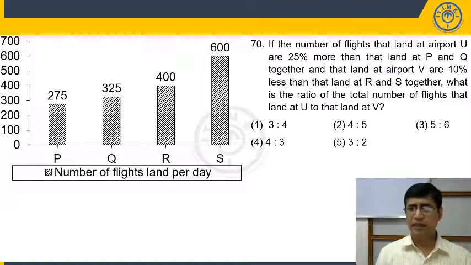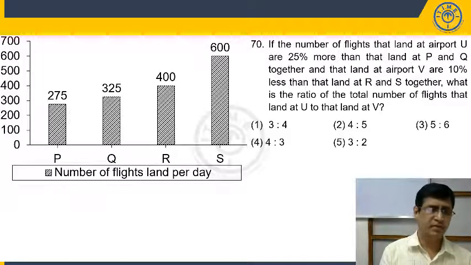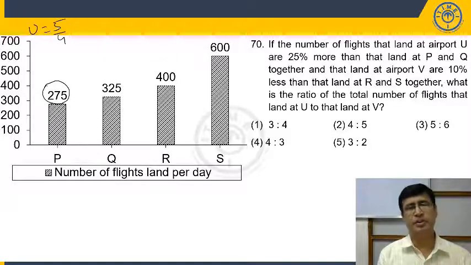If the number of flights that land at airport U are 25% more than that of P and Q together. So 25% more means 125%, which is equal to 5 by 4 of that.